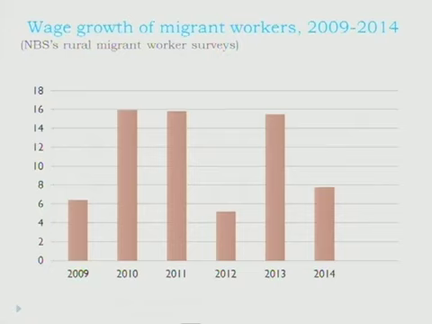Even in 2013, it was around 15 to 16%. That means rural migrants send more and more money, remittances, back to their households in rural areas. That contributes to the fast income growth of rural households.